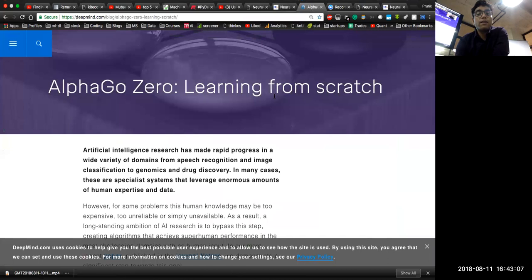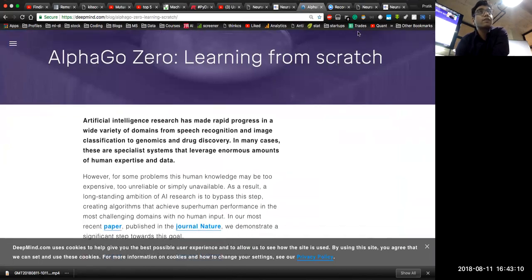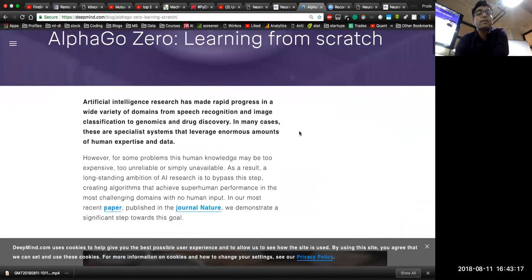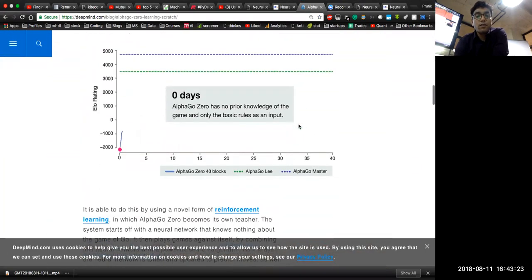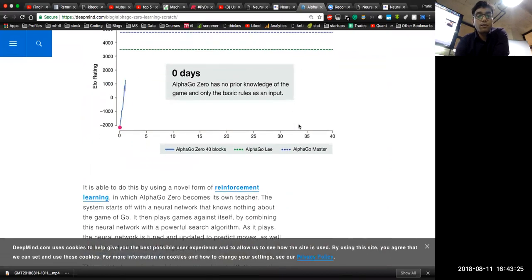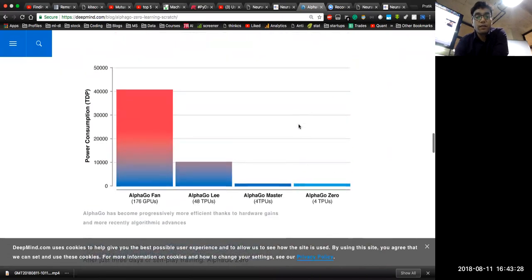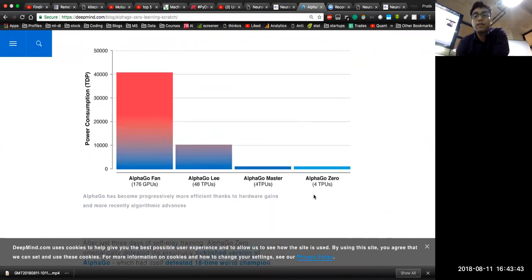So the power of reinforcement learning is that when there is no training data, there is no bias involved in it, and so it can achieve a maxima or minima that is better than the supervised learning stuff. So over here, the AlphaGo Lee that beat Lee Sedol was trained on 48 TPUs, and the AlphaGo Zero was trained on only 4 TPUs, and I guess it also required fewer training days.